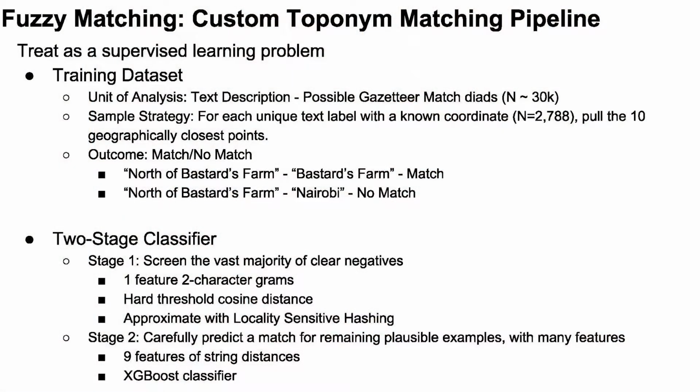I'm going to demonstrate just a little bit of the work we did on trying to solve fuzzy matching, which we're going to try to probably spin off into its own package and its own work. We treated it as a supervised learning problem. And we developed a training data set where our unit of analysis was a unique example in our event data set of a place name that had a coordinate and the 10 closest gazetteer places nearby it.